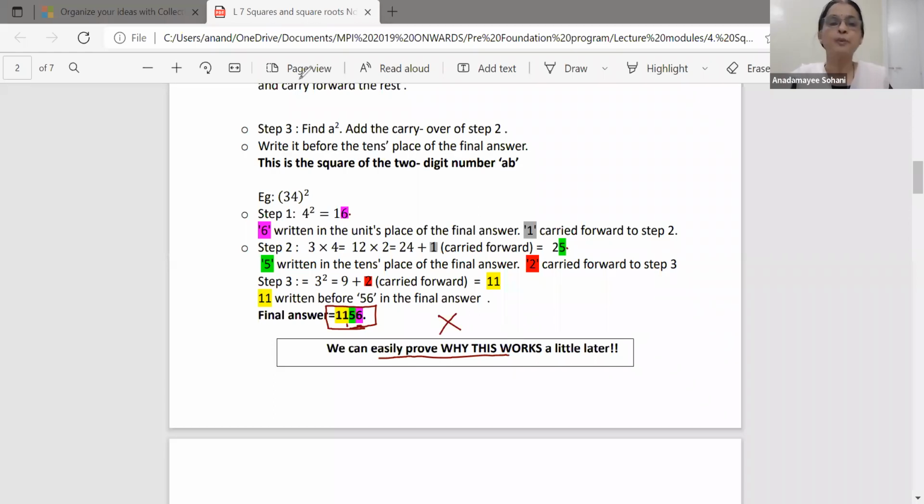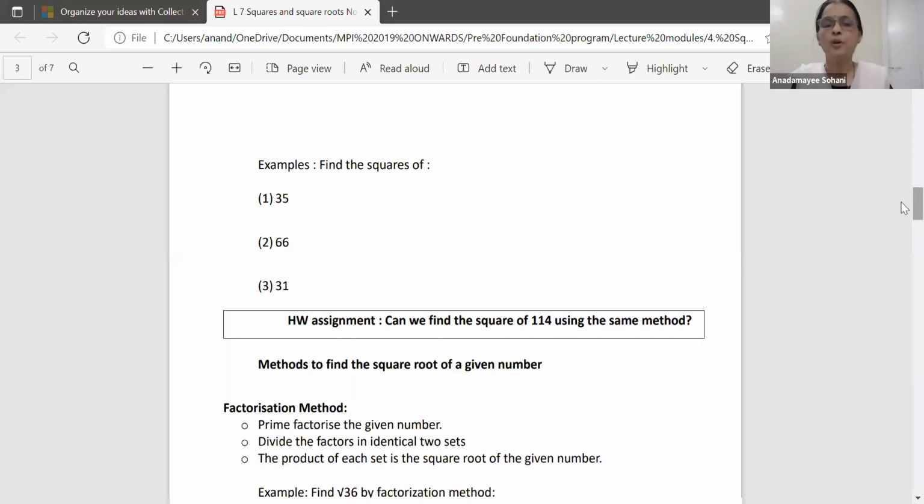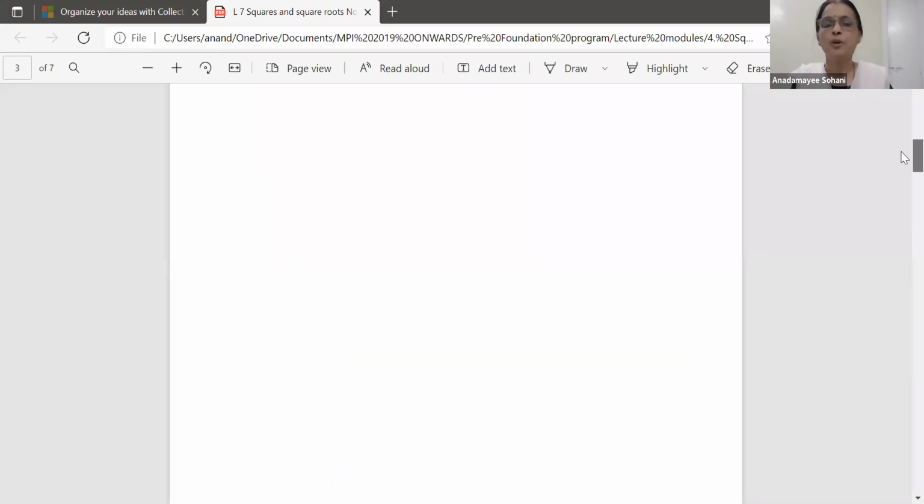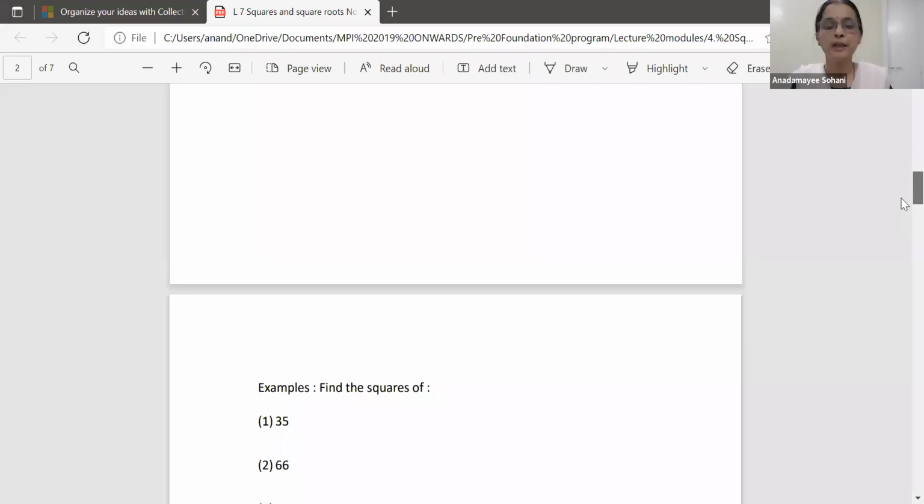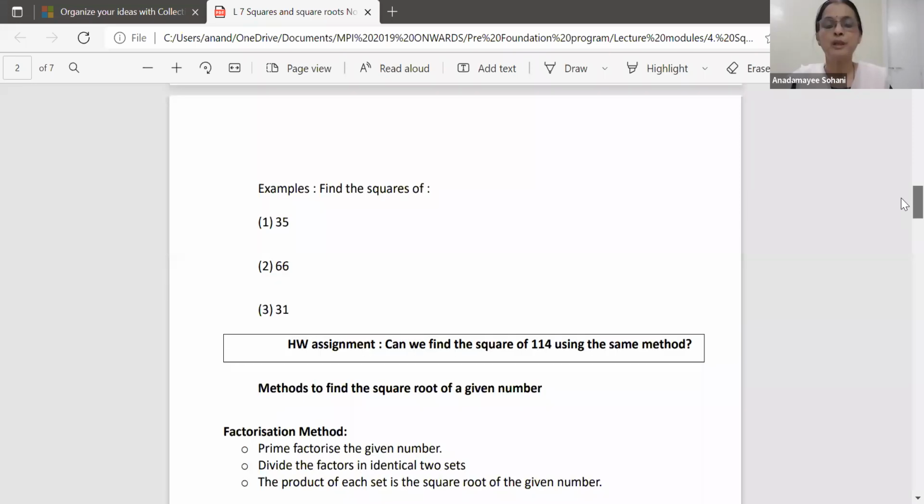So you may not be able to work on this proof just now. But a little ahead, maybe in a very few days, we will be able to prove why this kind of formula works. Right now, you will just use these 3 tools: number ending with 1, number ending with 5, or any two-digit number.